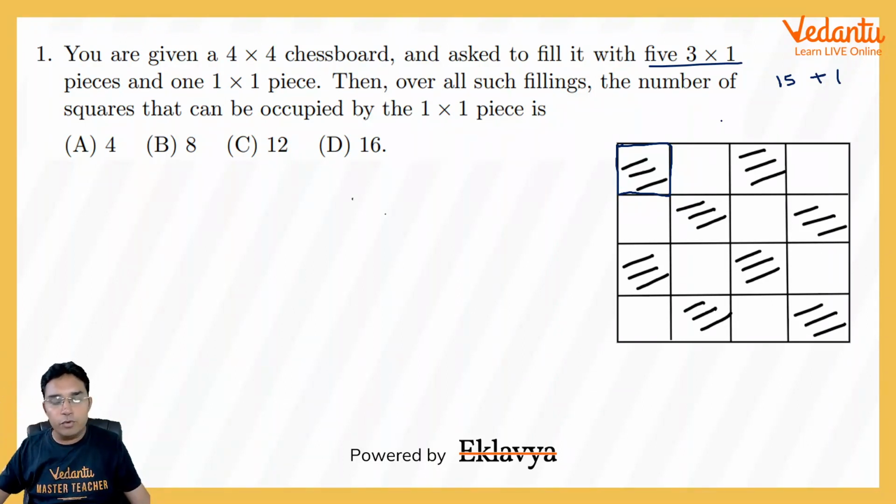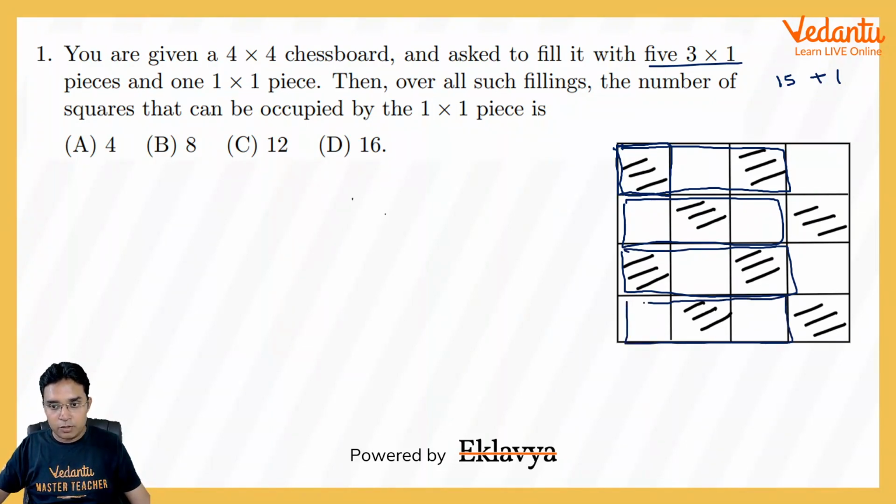One of the ways could be that I start from this corner and put a 3 into 1 piece here. Then one more 3 into 1 piece here, then one more here. There is no overlapping as of now. One more here. So four 3 into 1 pieces have been used.